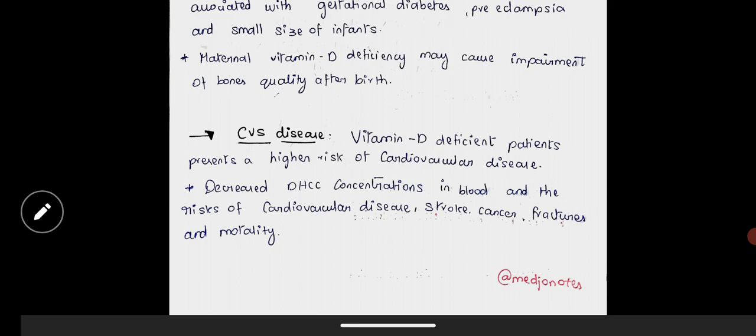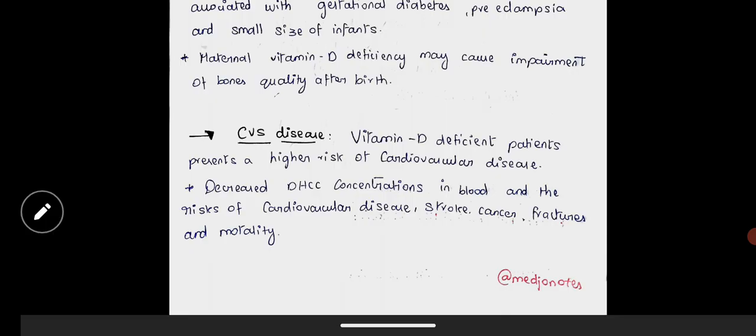In serious disease, vitamin D deficient patients present a high risk of cardiovascular disease, decreased DHC concentrations in blood, and risk of cardiovascular disease, stroke, cancer, fractures, and mortality. Why? Think. Vitamin D deficient means blood calcium level will be lowered.